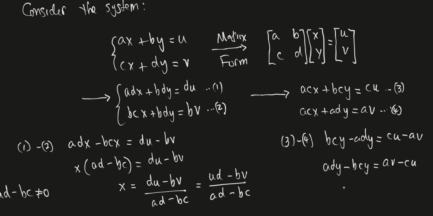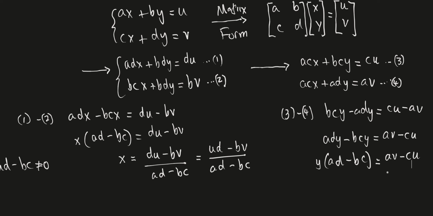Now factor out the y, and notice we have the same AD minus BC, and then over here, I don't have anything in common, so I'm just going to write it as AV minus CU, right?